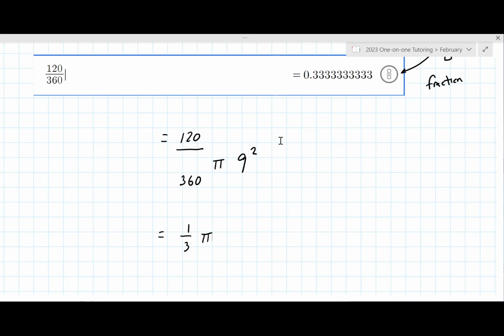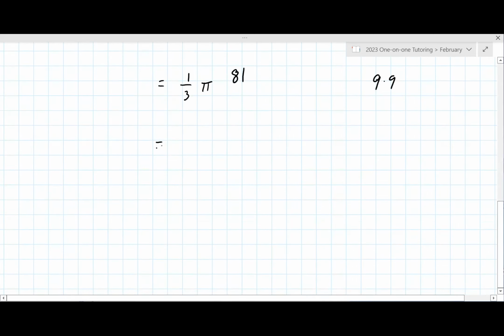Sourish, 9 to the power of 2. I mean, this isn't rocket science. You just got to take 9 and raise it to the power of 2, or it's 9 times 9. You said you did this in class. 81.